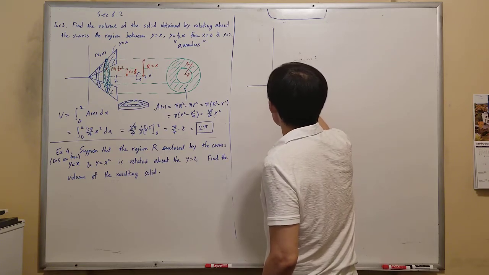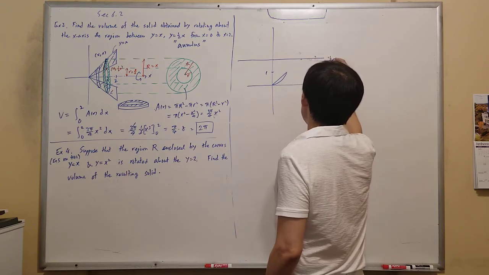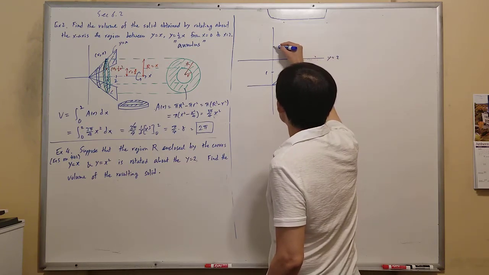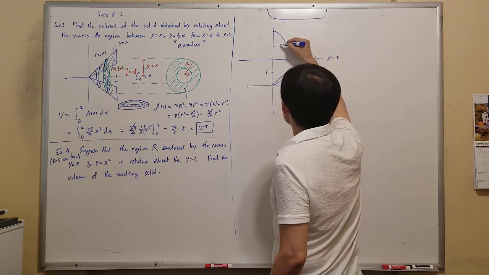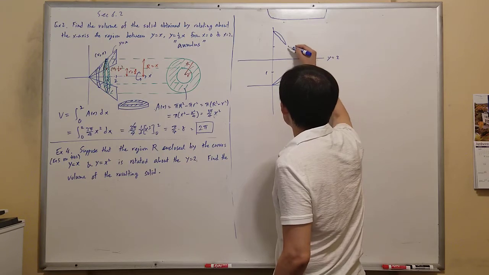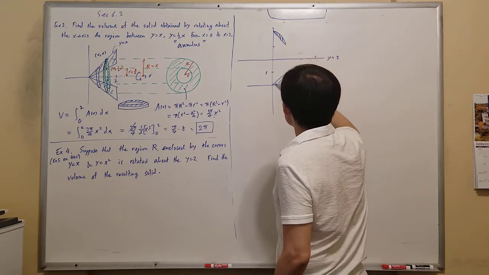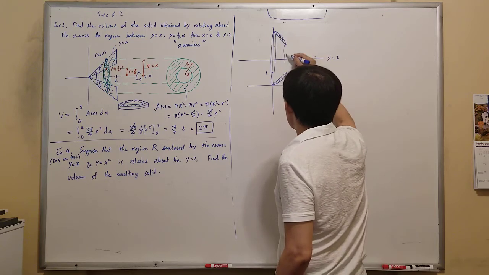So between 0 and 1. And we rotate this one around y equals 2. Then this will be like this, right? Rotate around this. Okay?